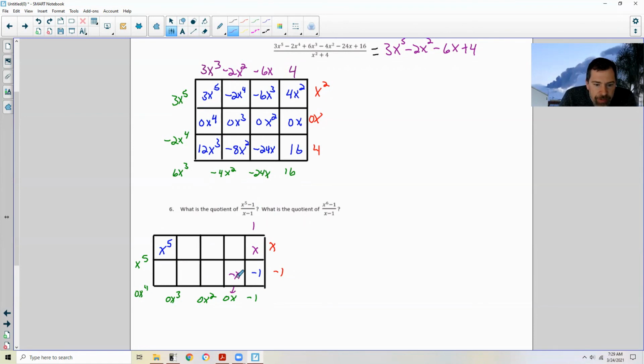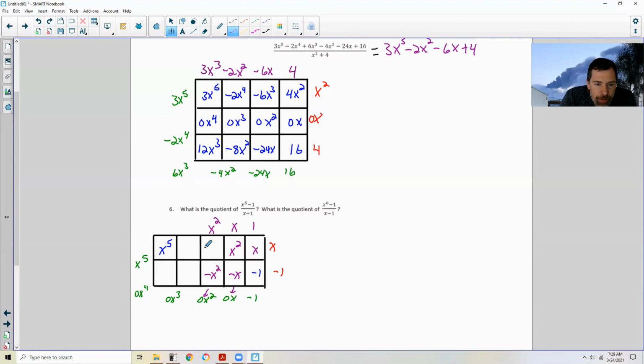And then if I have a -x here, -x divided by -1 will give me a positive x. So -1 times x gives me -x. So this is x. So x times x is x squared. Adding this to get this is 0. So this has to be a -x squared. To get -x squared divided by -1, I get an x squared up here. So -1 times x squared is -x squared.